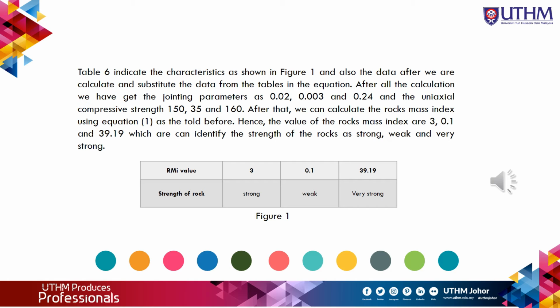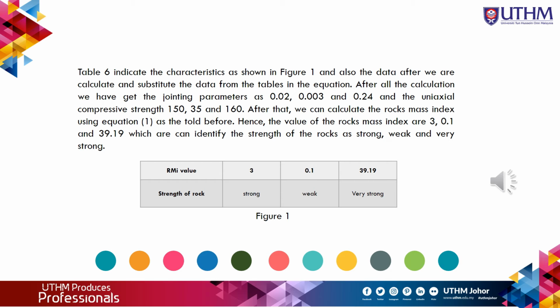After the results, we can see that the rock mass index has values of 3, 0.1, 39 and 19. These values tell us the strength of the rock, which increases with the rock mass index. The higher the value, the stronger the rock.